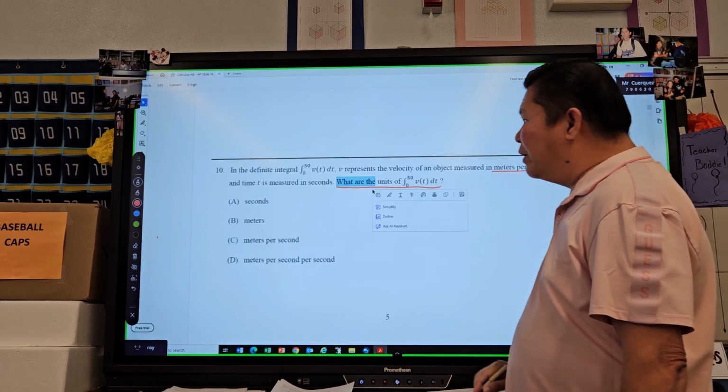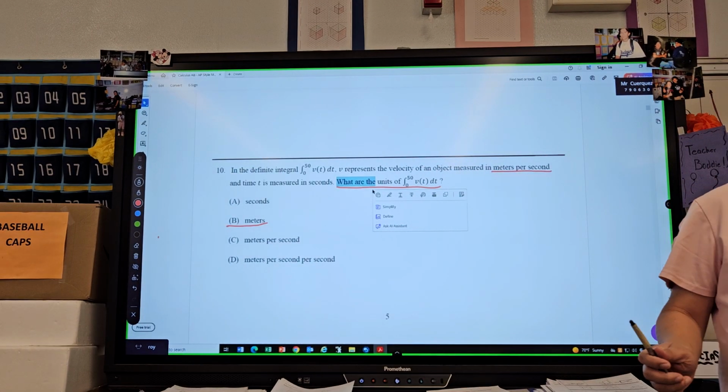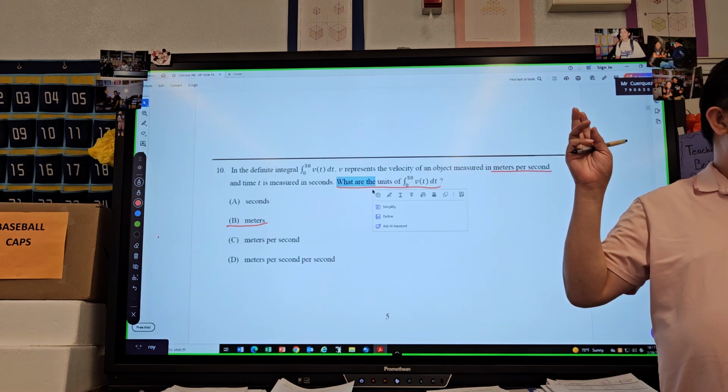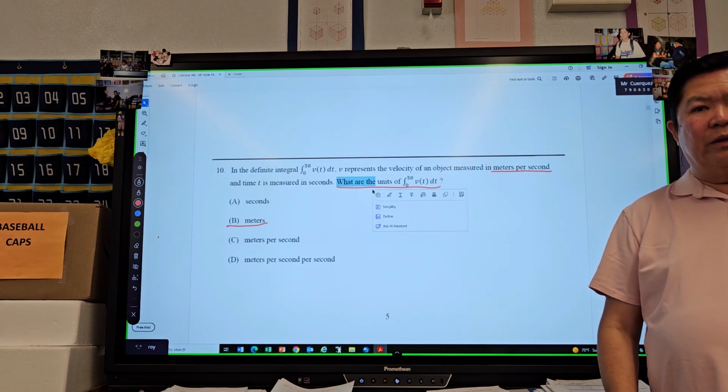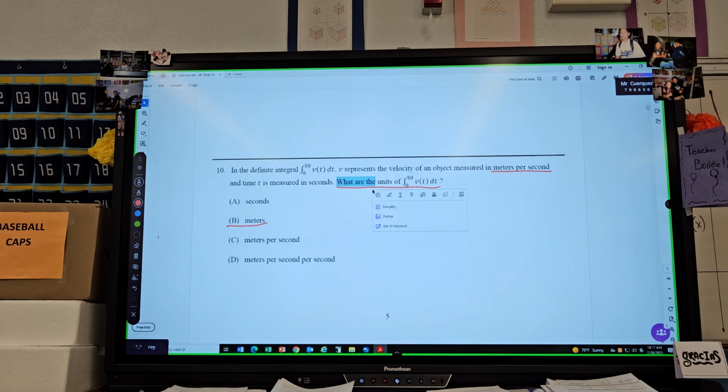Meters per second. So therefore, it's gonna be meters, right? You're right. You said B. Who said B? Okay. Good job, Josue. Thank you. So, it's just analyzing, right? We don't have to solve. Okay. Moving on to number 11.